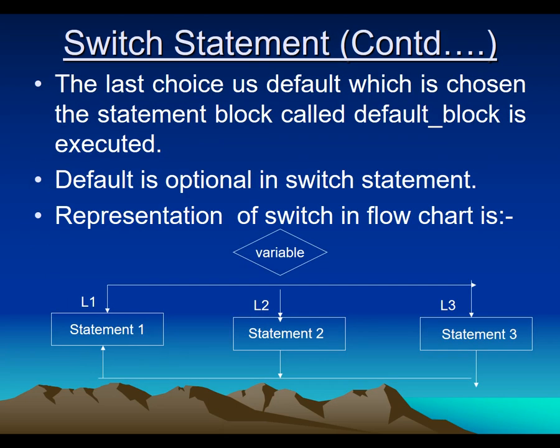This is the symbol, or you can say the flow chart, which we can follow in the switch statement, where first the variable is mentioned in the diamond symbol, and then it contains multiple statements like statement 1, statement 2 and statement 3.